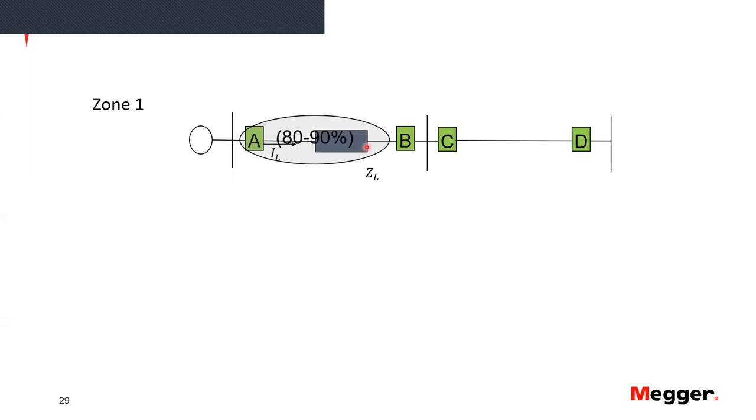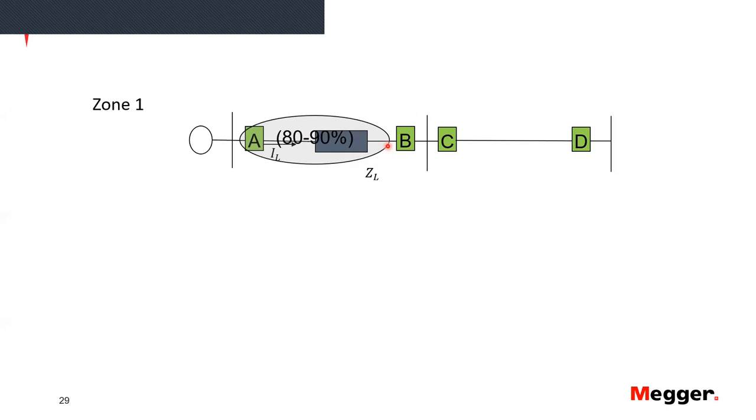Now we define that because there is a gray area for this protection because of the inaccuracies inherent in the measurement process, that we don't know exactly if we are here or somewhere else, and we need to trip very fast.